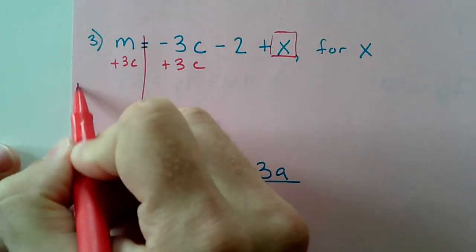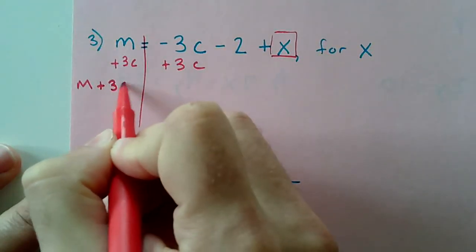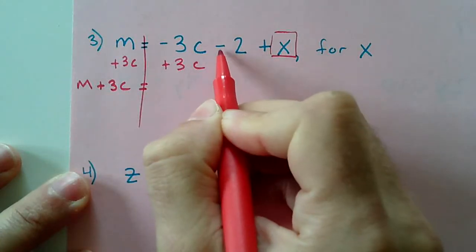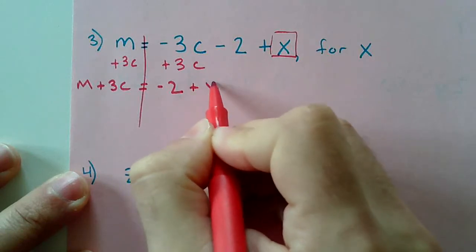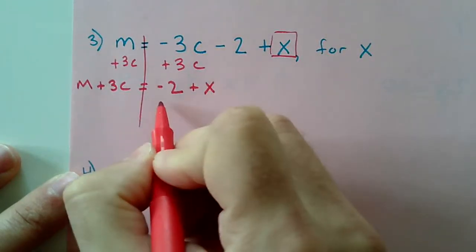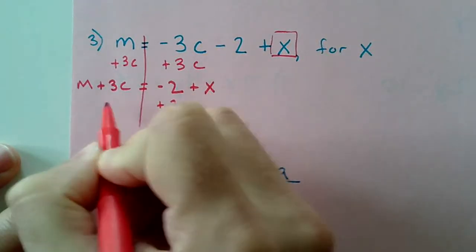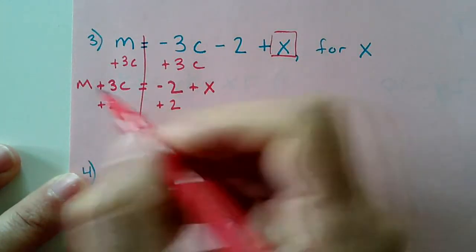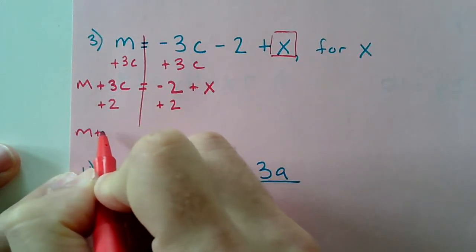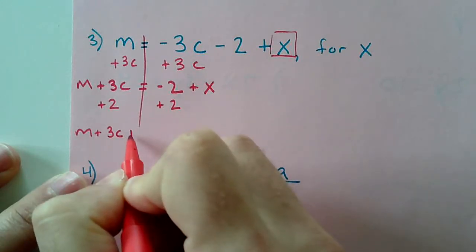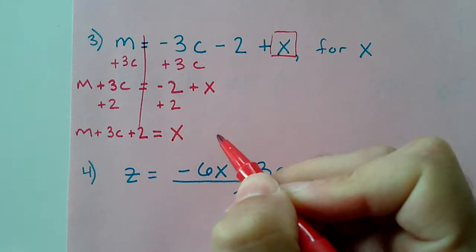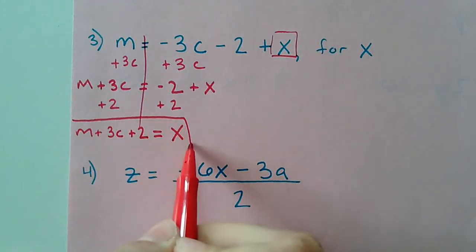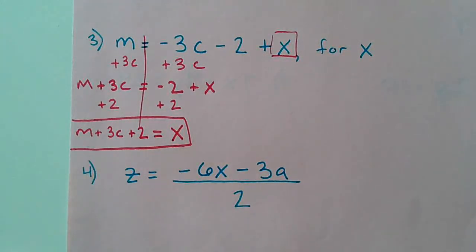That's going to leave me with m plus 3c equals, I'm going to keep my negative on the 2, negative 2 plus x. Now I have to get rid of the negative 2 by adding 2. So that leaves me with m plus 3c plus 2 equal to x. And this would be our final answer. We'd leave it in that form.